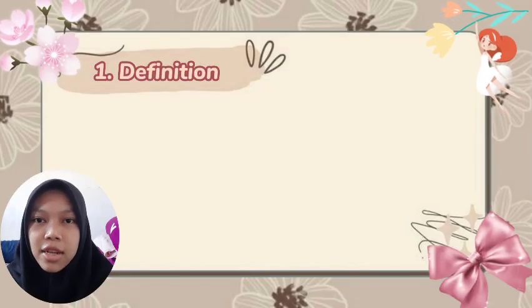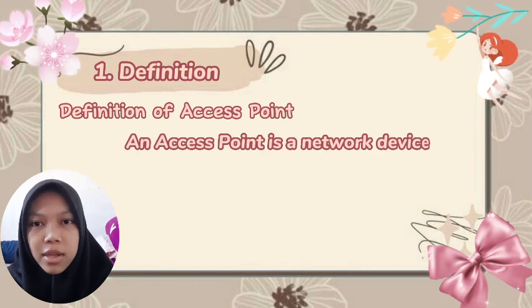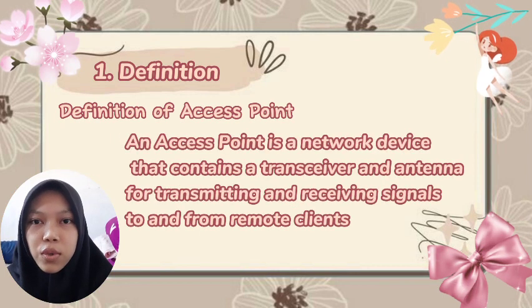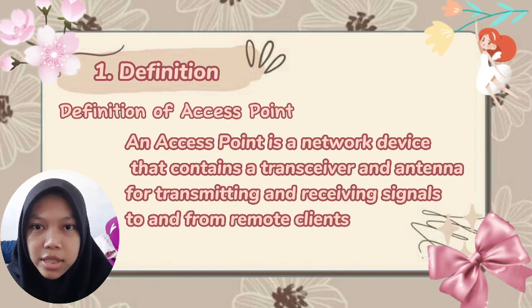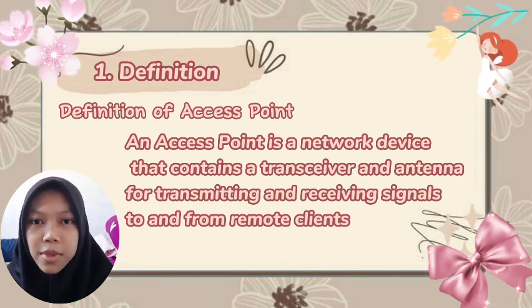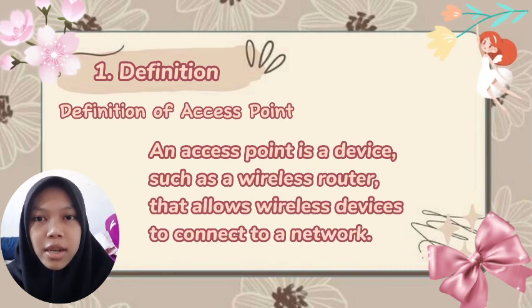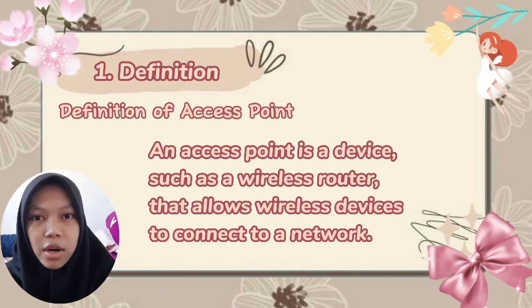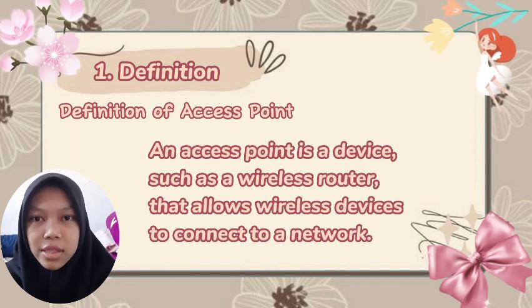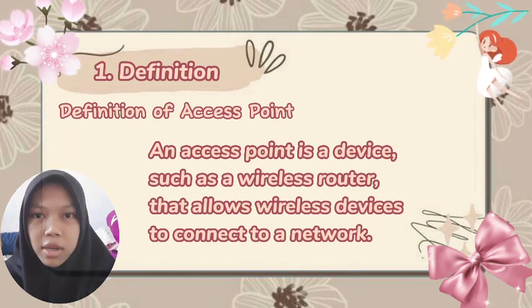1. Definition of access point. An access point is a network device that contains a transceiver and antenna for transmitting and receiving signals to and from remote clients. It is a device such as a wireless router that allows wireless devices to connect to a network.